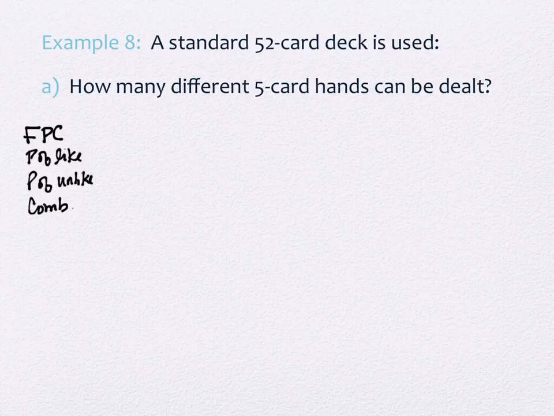There's one that we should be able to eliminate pretty easily. Is it combination? So combination, the order doesn't matter, right? So if you're playing a game and you're dealt 5 cards, does the order in which they're dealt matter? Anybody played Uno?